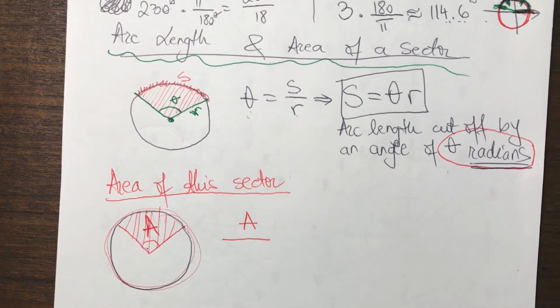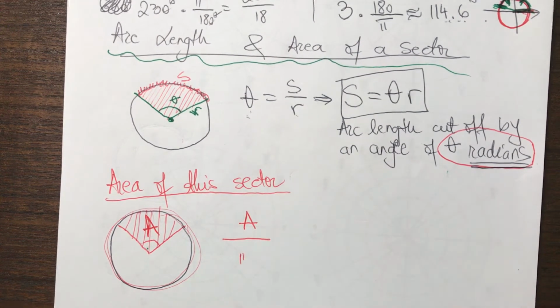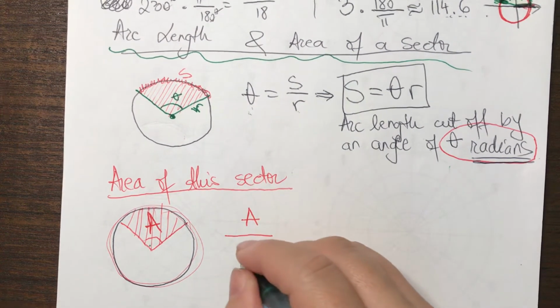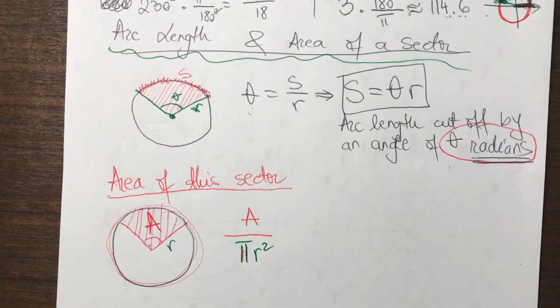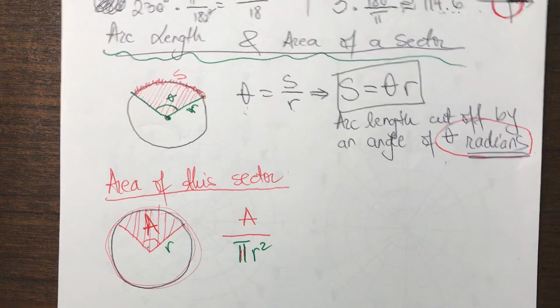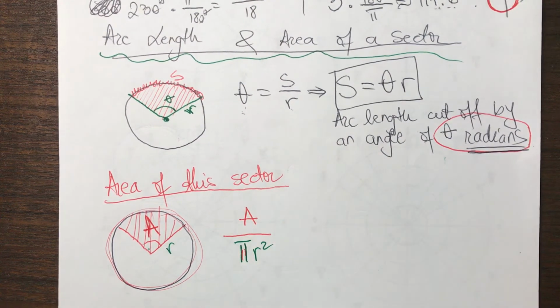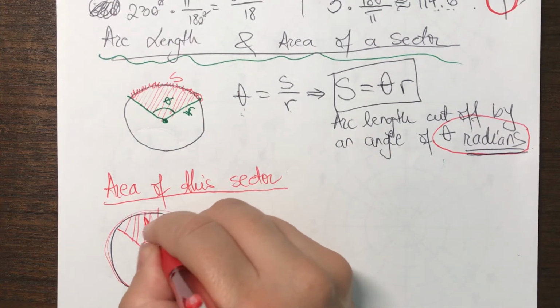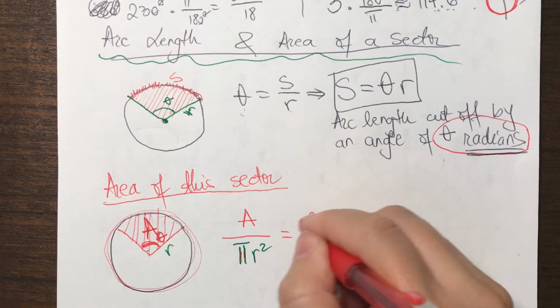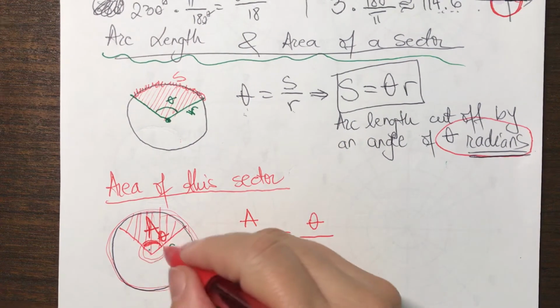What's the area of a circle? It's pi r squared. So this area is to the whole area of the circle in the same relation as the angle theta is to the angle all around the circle.